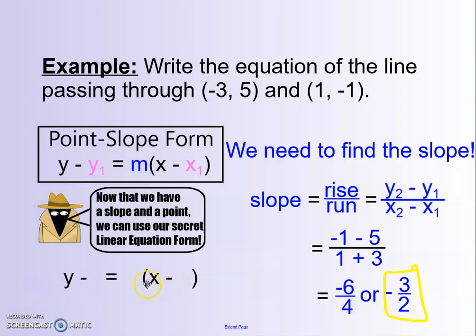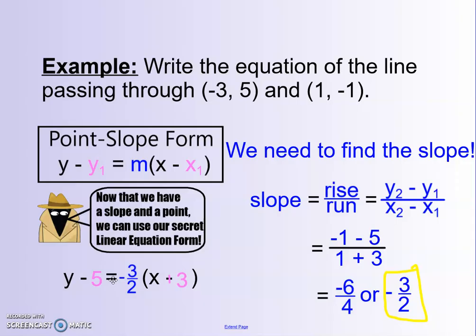We just have to plug in the slope, which we know is -3/2, and we have to plug in an x value. Which x value do you use? It doesn't matter. You could use -3, you could use 1. So let's use -3. So I'll put a -3 in there. Ooh, look what happened. +3. And if I use -3 for x, I have to use its partner y, 5 for y. And that's it. We're done.